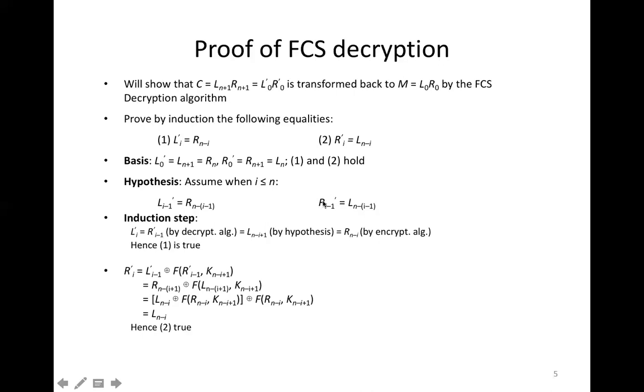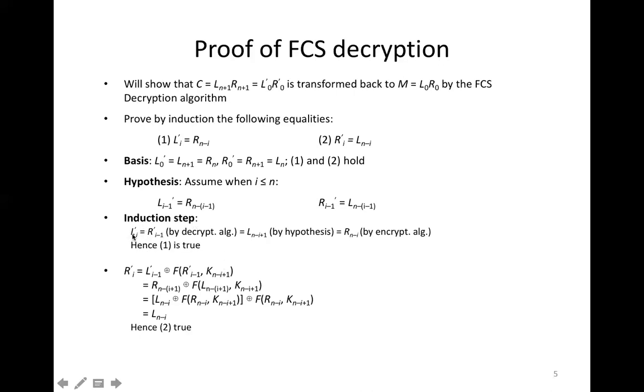Likewise, we assume that for all i less than or equal to n, R sub i minus 1 prime is equal to L sub n minus (i minus 1). So now we want to conduct an induction step.